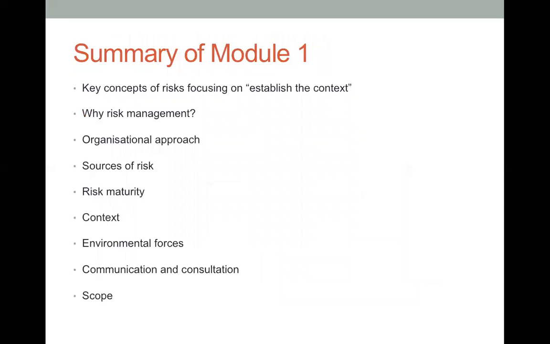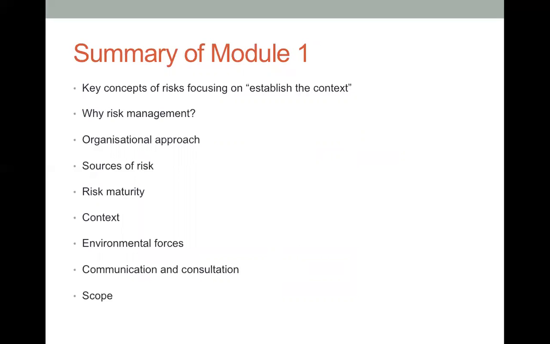Okay, let's summarize a little bit about Module 1. We discussed the key concepts of risk, focusing on establishing the context. We understand that risk is the effect of uncertainty on objectives. So the keywords are uncertainty and objectives. They are the ones that we need to understand in terms of risk.